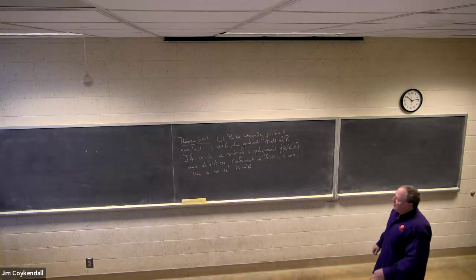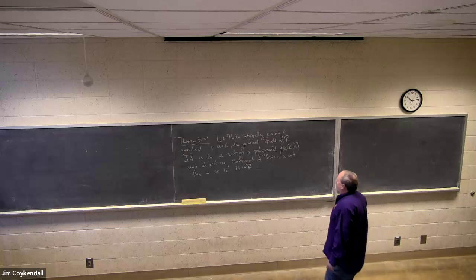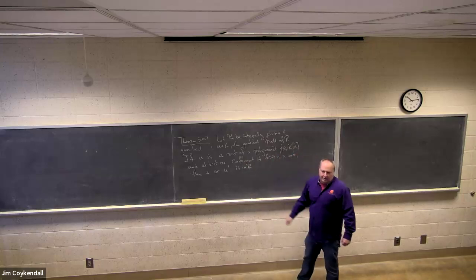So here's the deal. Now, your ring is pretty specialized. It's got to be integrally closed. It's got to be quasi-local. Suppose you have a polynomial, and this generalizes a monic polynomial.